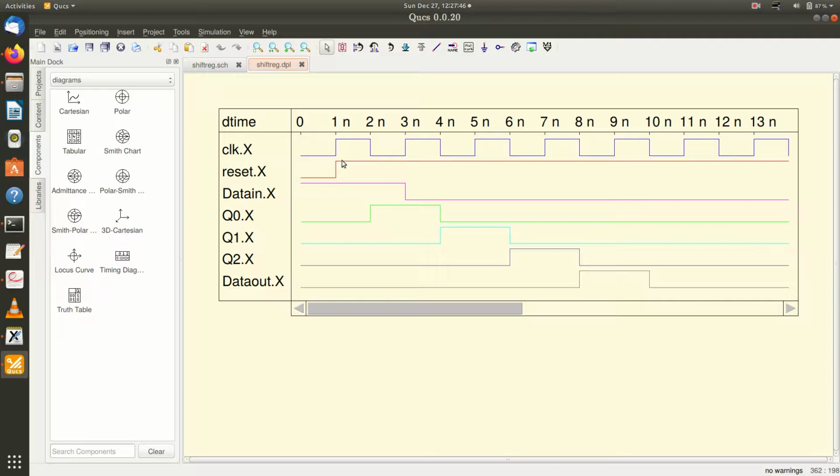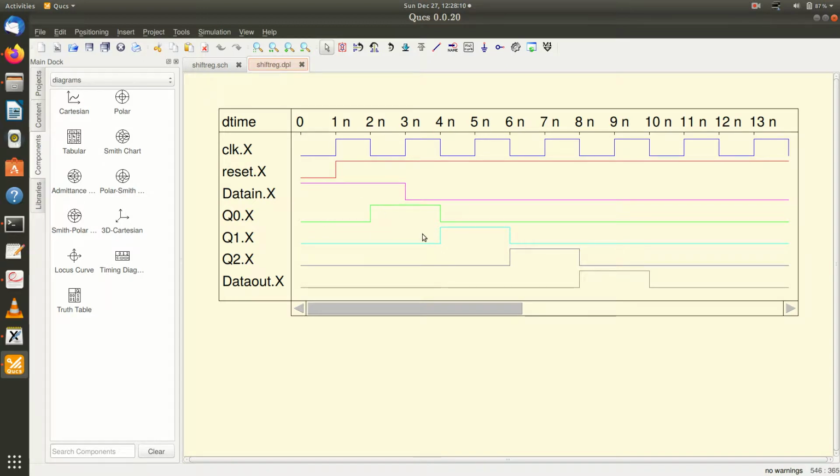Now there is an active clock here. Initially the data input becomes high, remains high for 3 nanoseconds, and the rest of the time it is 0. So this 1 will shift through this register when you apply the clocks. At the first clock, this data input appears at the output Q0.